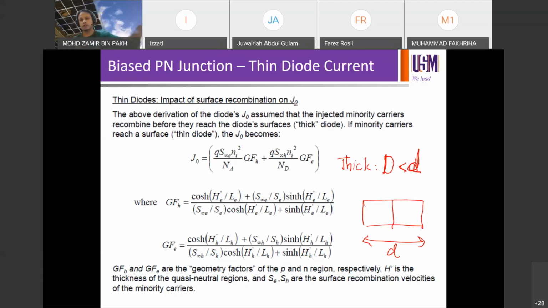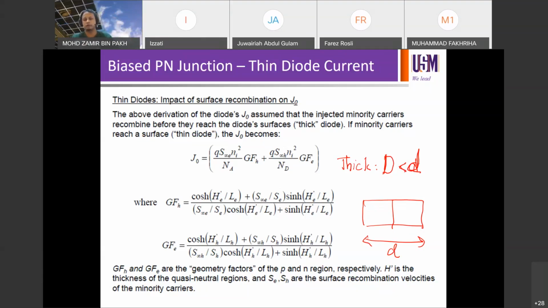If you started off with a wafer, then you diffuse the junction on the front, the whole device is the whole wafer, right? Before you have your contacts on the front and contacts at the back. So anything between the contacts is the device. In this case, silicon P and N is the whole device, right?